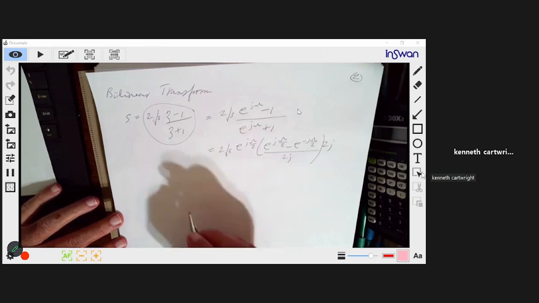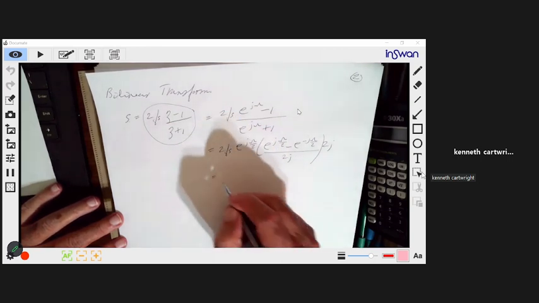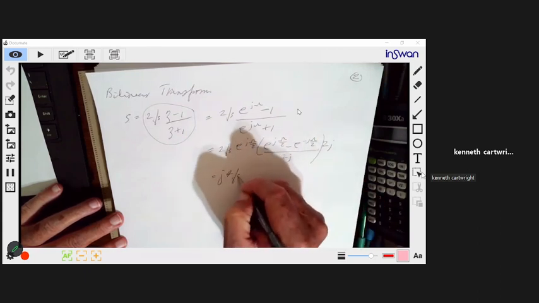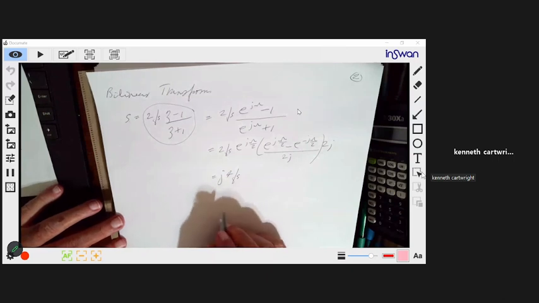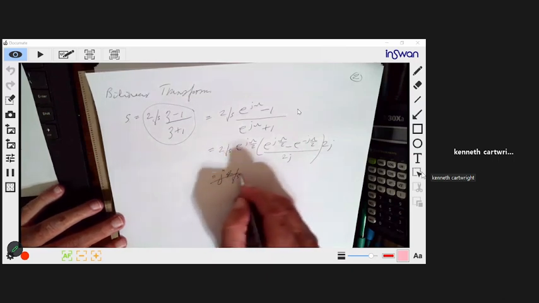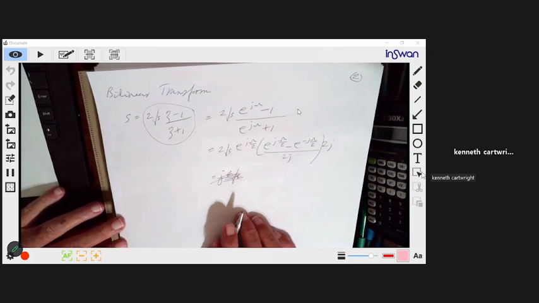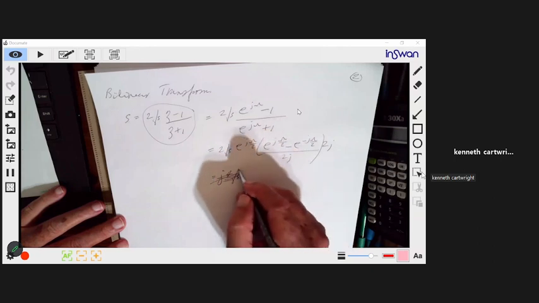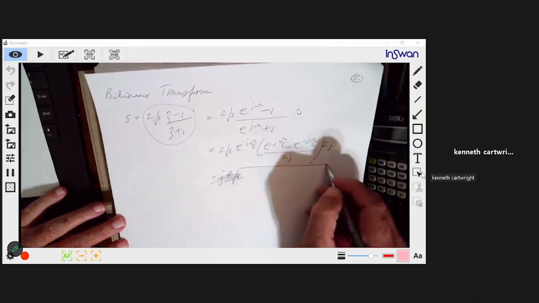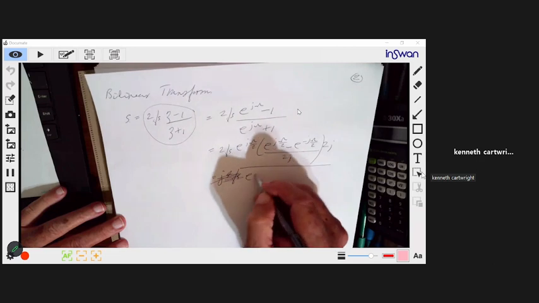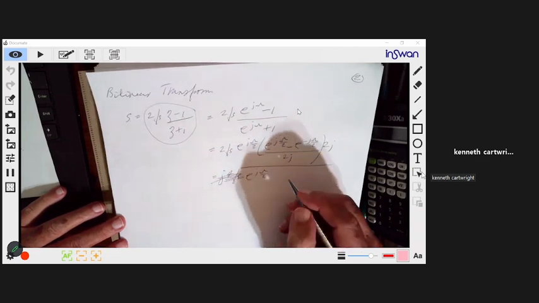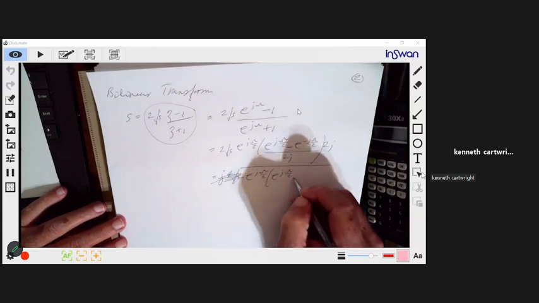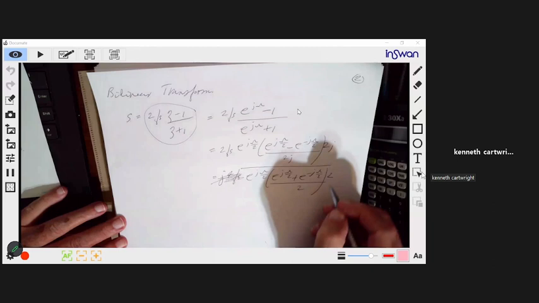Okay. And I'm going to divide by 2j and multiply by 2j. And why did I do that? Anybody see why I did that? So this is j4fs. No, I ain't done it. And then the bottom, of course, becomes e to the j omega over 2 times (e to the j omega over 2 plus e to the minus j omega over 2) times 2.